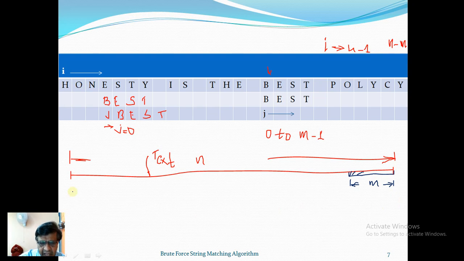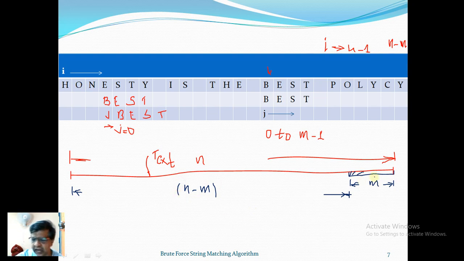Therefore, as far as the number of movements are concerned, if the failure happens right in the first character, the very first character being a mismatch, then the pattern can move character by character up to n minus m characters, because n is the total length available and m is the length of the pattern.